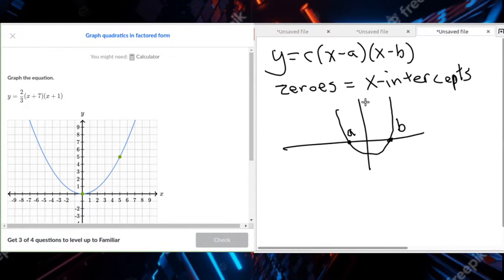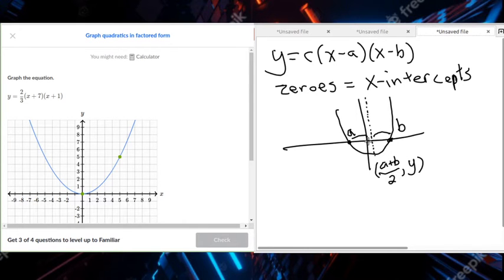And then we need to think about where is the vertex. And this vertex is going to be at the middle point, the average, and then we're going to have to calculate the y separately. Okay, but the vertex is always going to be halfway in between these two intercepts.